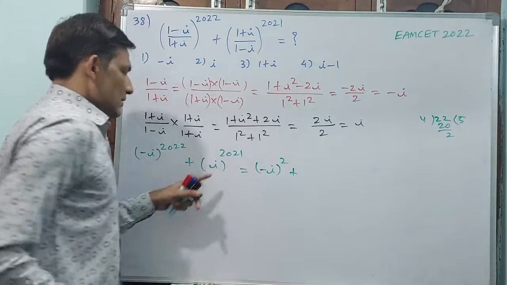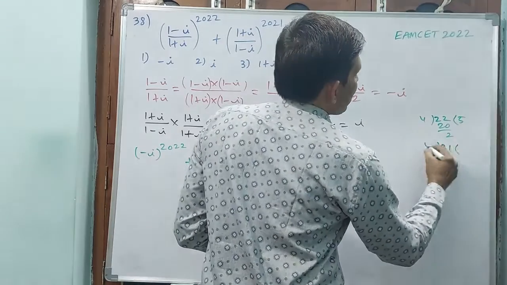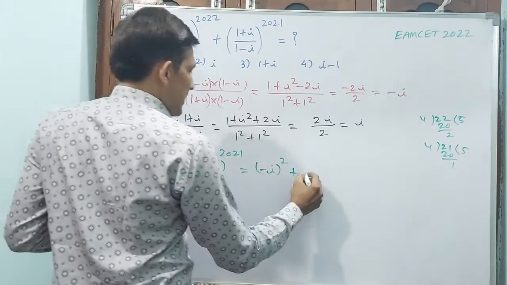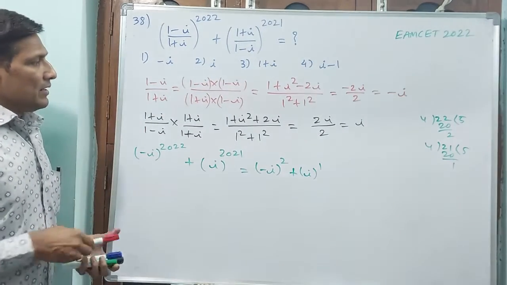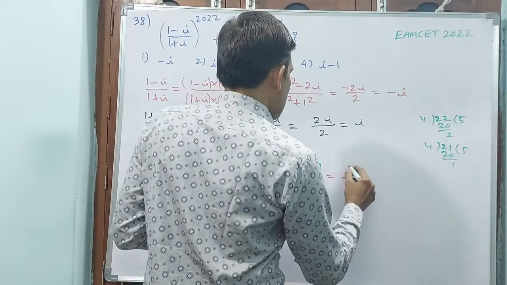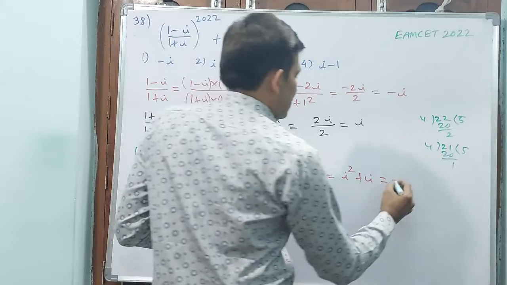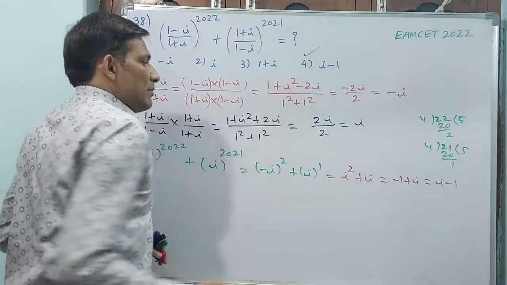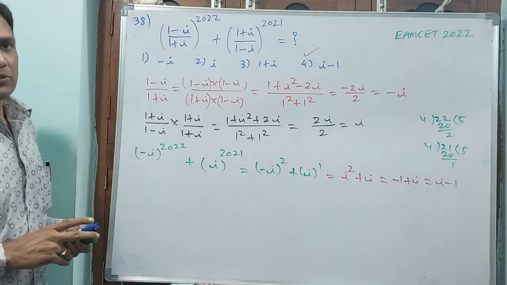Plus, 2021 also you divide, last 2 digits, 21. 21 divided by 4, 4 5s are 20, 1 will be the remainder. That means for this, plus i whole to the power of 1. 1 means i, that's all. Minus i whole square means plus i square, plus i. But i square value we know is minus 1. Plus i, or else we can write i minus 1. This will be the option, i minus 1. Minus 1 plus i or i minus 1. You understand this question?